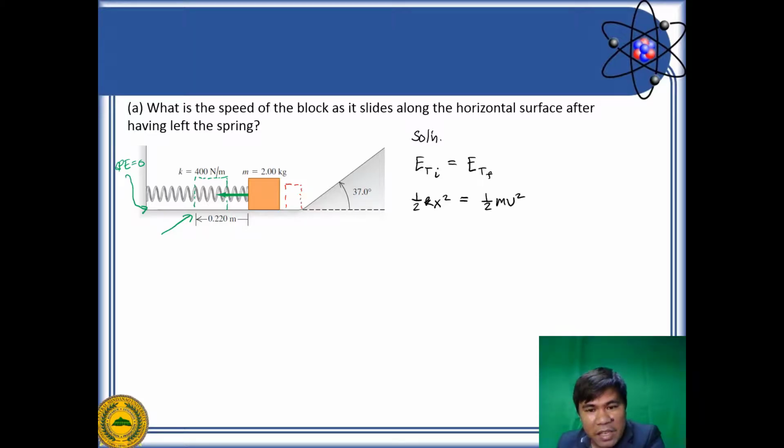So that's why the energy present in the final state is just equal to the kinetic energy.